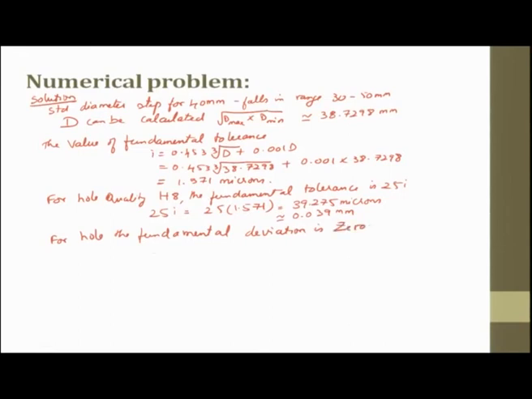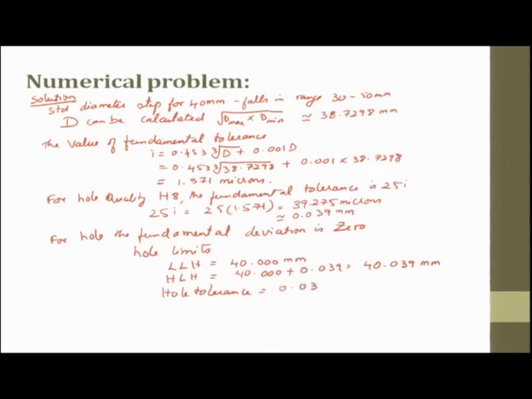Okay, so the hole limits are: the lower limit for the hole is going to be 40.000 millimeter, and the higher limit of the hole is going to be 40.000 plus 0.039 millimeter, which is nothing but 40.039 millimeter. Okay. So, the hole tolerance is going to be 0.039 millimeter.